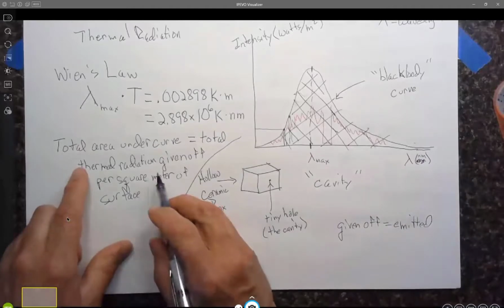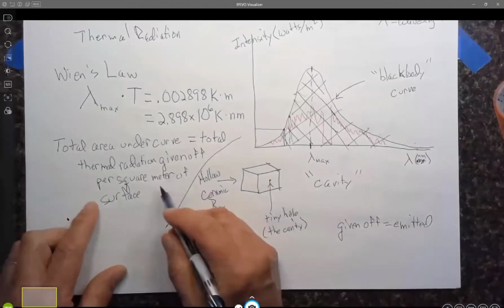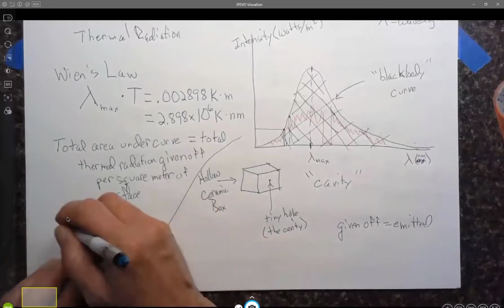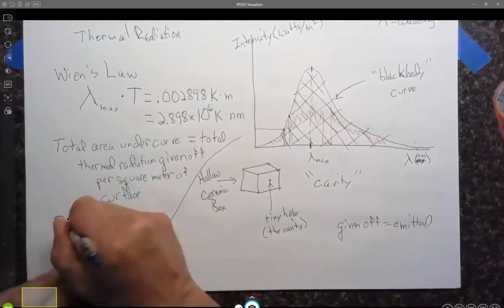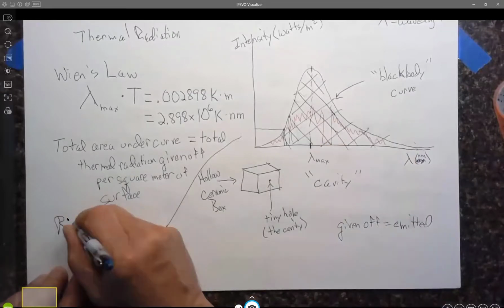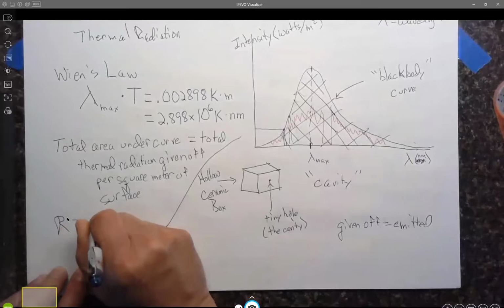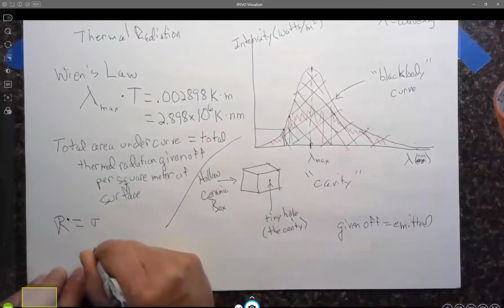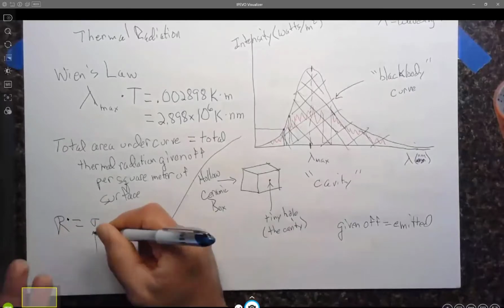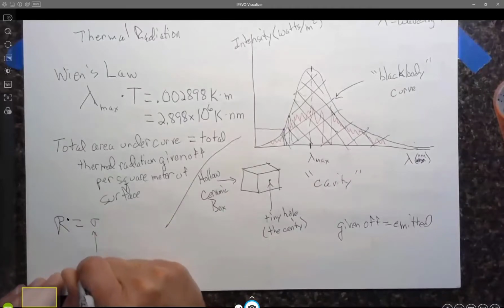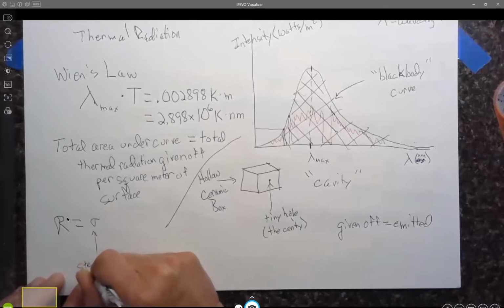Actually, the total power radiated per square meter of surface. I'll just call it R for the total area under the curve. It turns out it is equal to a different constant, and this one is the customary constant. It's the Stefan-Boltzmann constant. In fact, this is the Stefan-Boltzmann Law that we have here.